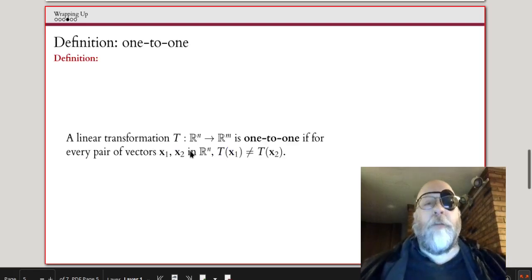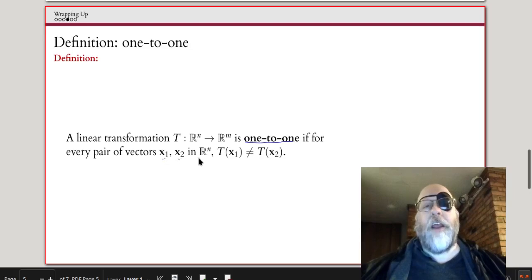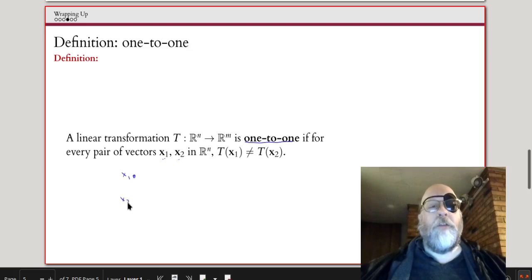A linear transformation is one-to-one if every time I take two different vectors in R^n, so a vector x1 and a vector x2, then the transformed versions of those vectors are also different.